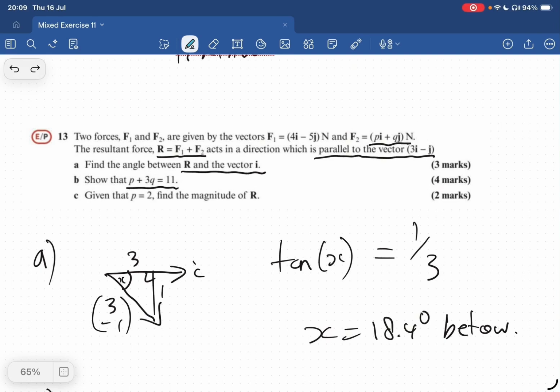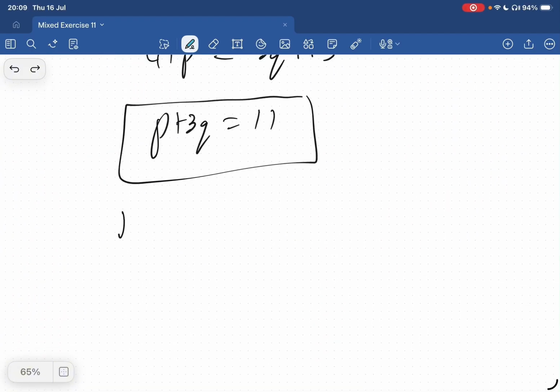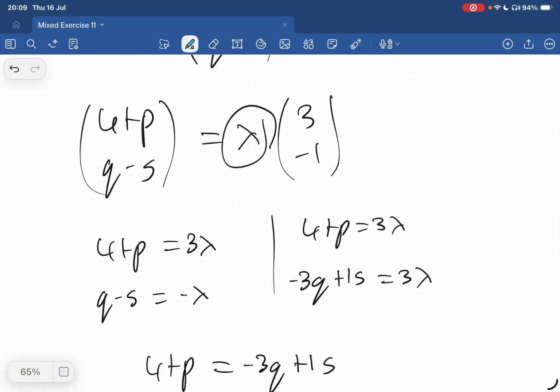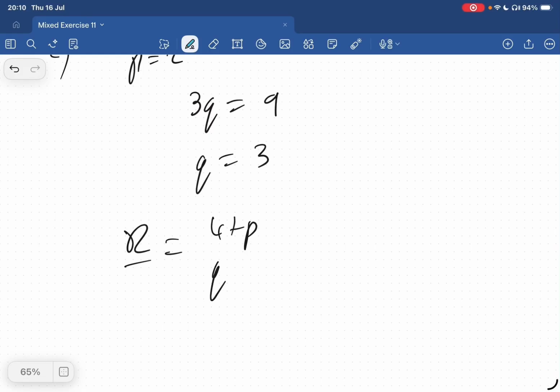Now given that p is 2, find the magnitude of R. So p is 2, which means that 3q equals 9, so q equals 3. What was our resultant vector? Our resultant vector was (4 plus p, q take away 5).